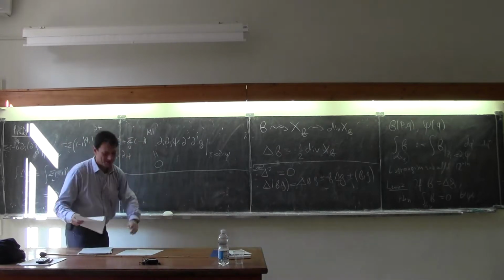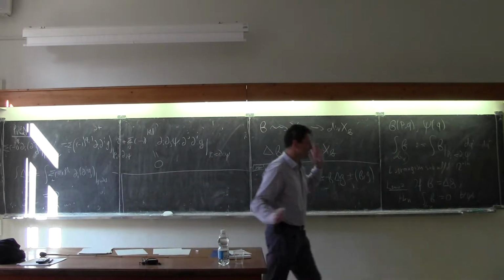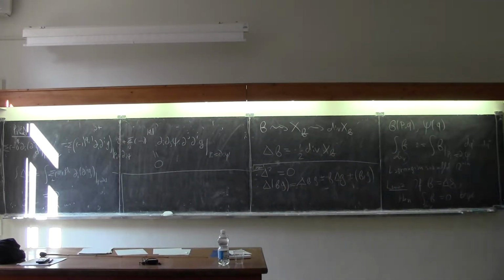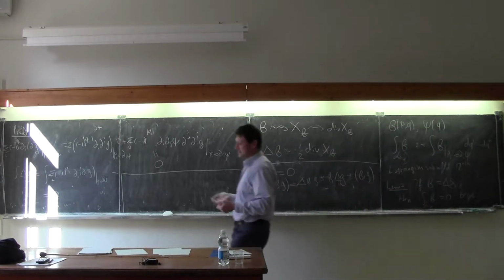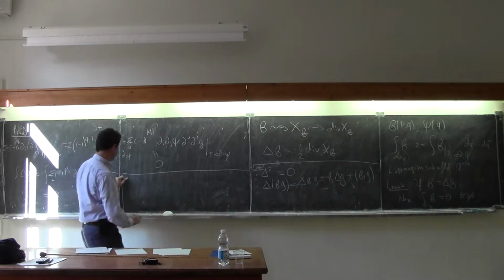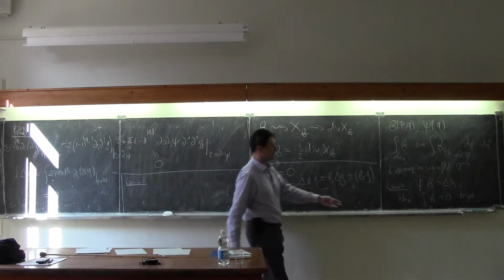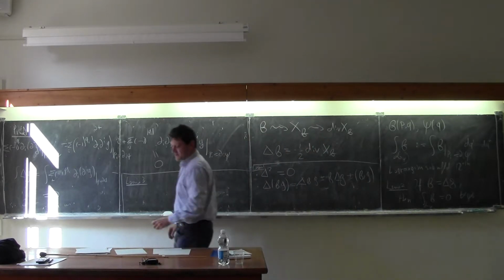This is basically the only thing you have to know about BV. But out of this you can get a lot of other information. Namely, there is another lemma which is more important than this one, but can be derived from this one, which is the following.